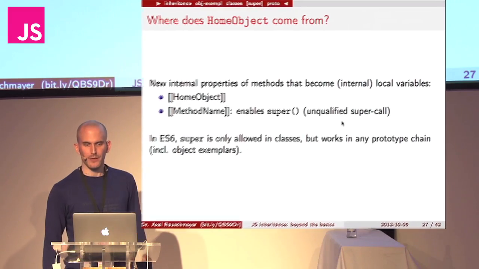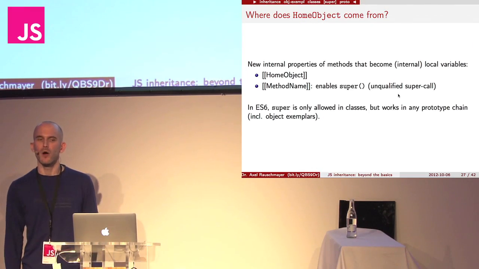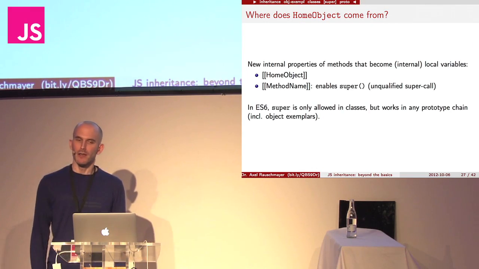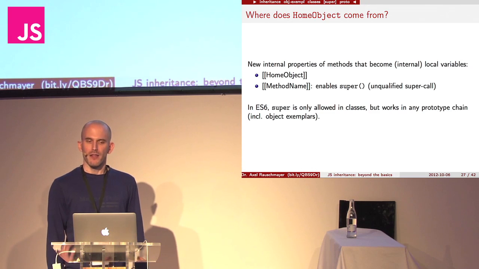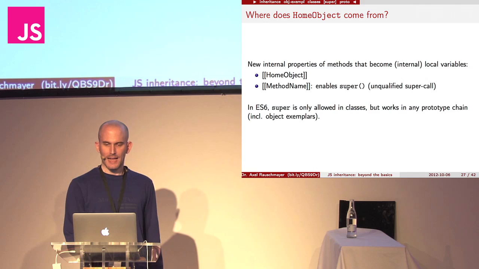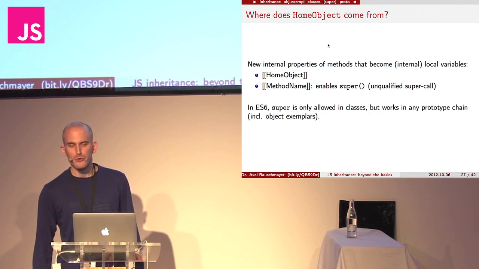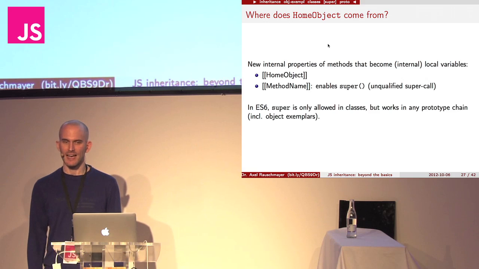Then there's one remaining question: where does the HomeObject come from? If I say that it's a local variable, how do we fill in that local variable? In order to enable that, there will be 2 new internal properties that methods have.